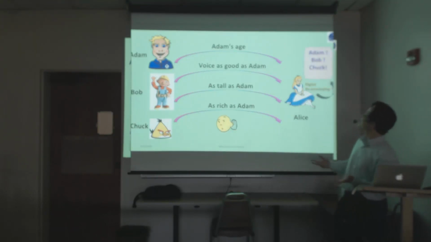It must be the three guys, Adam, Bob, and Chuck. Although, at first sight, I thought it's Adam who sent me the message. Okay? So, the cool thing here is if a bystander intercepts or eavesdrops the message sent to Alice, he would think about the same thing. He would think it's Adam who sent the messages.